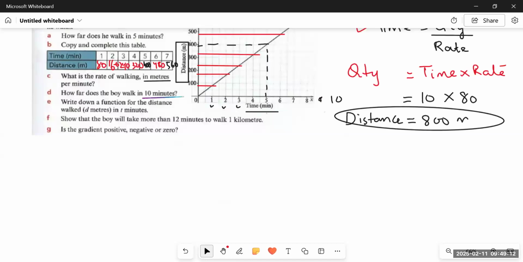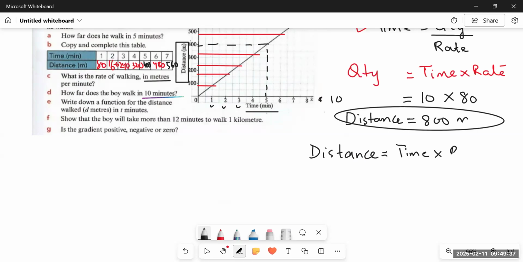And then part E says, write down a function for the distance walked in t minutes. So what is the function that we have derived? That distance is equal to time into rate. Let us write it down once again. Distance is equal to time into rate.